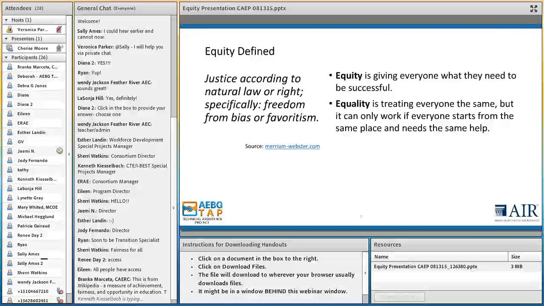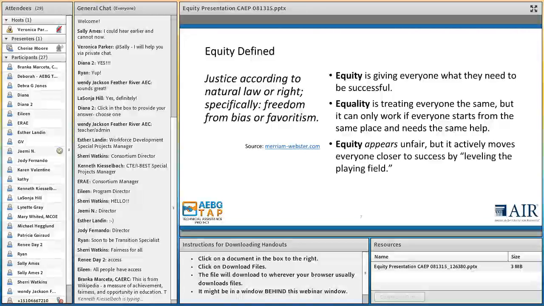I saw that in some of our responses too. It means giving everyone what they need to be successful. That doesn't equate with equal in all cases, because not everyone starts from the same place, and not everyone needs the same help.